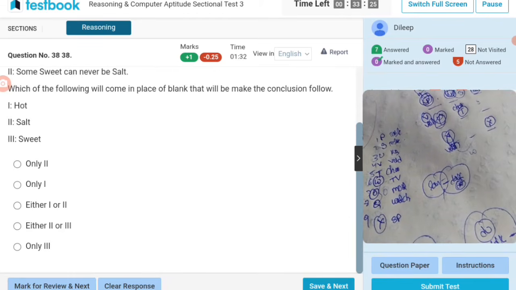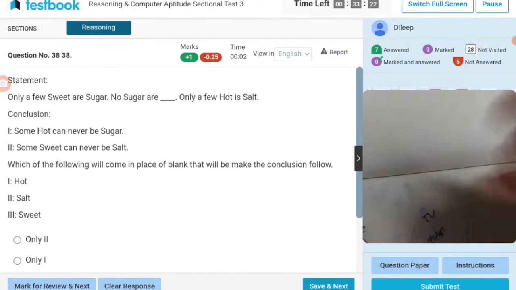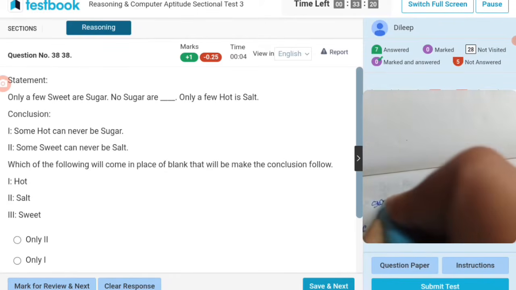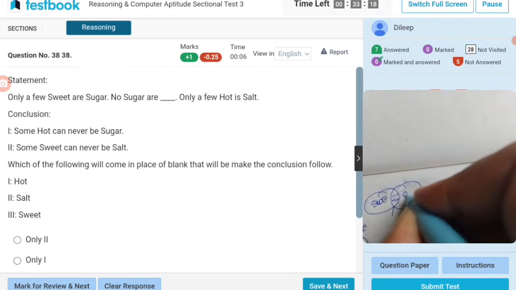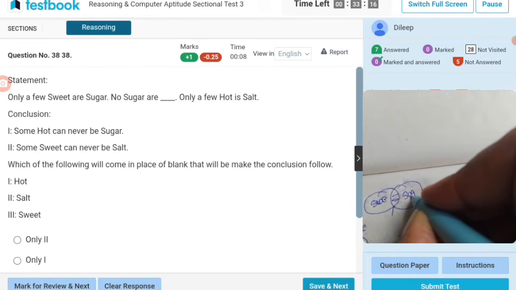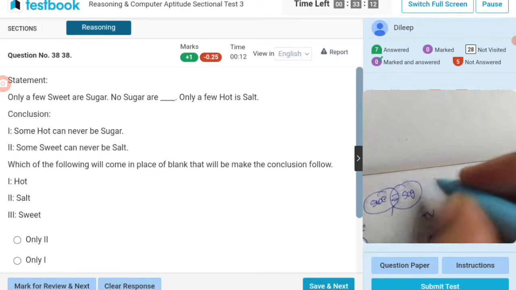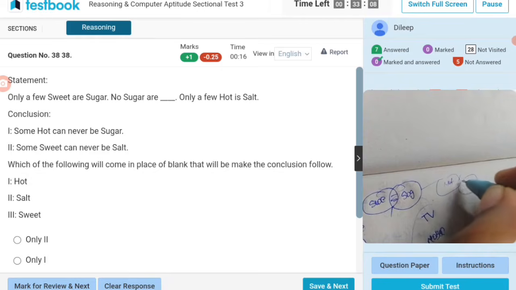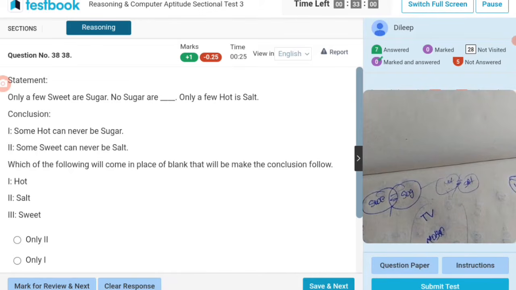All 1, 2, 3. Only few sweet sugar. No sugar or hot. Only few hot is salt. Some hot can never be sugar. Some sweet can never be.